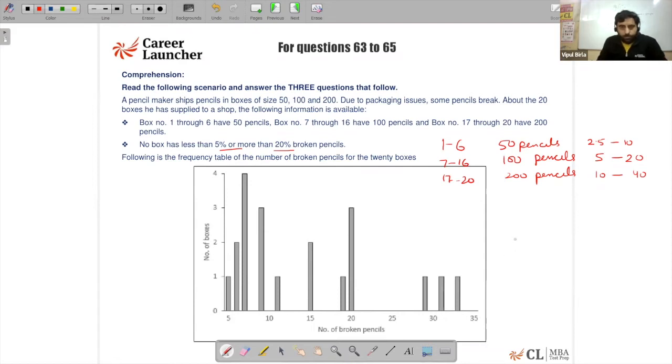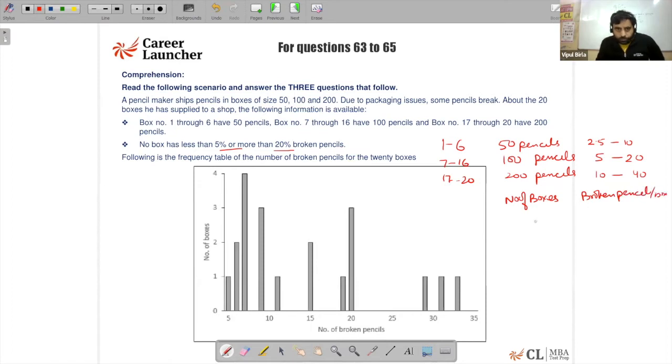So it is 5 pencils broken, one box is there. Let me write it. Basically, it says number of boxes and broken pencils per box.